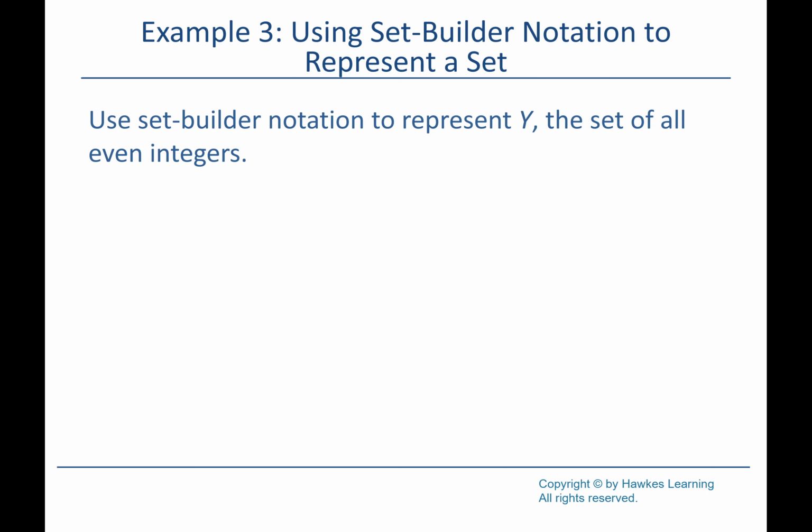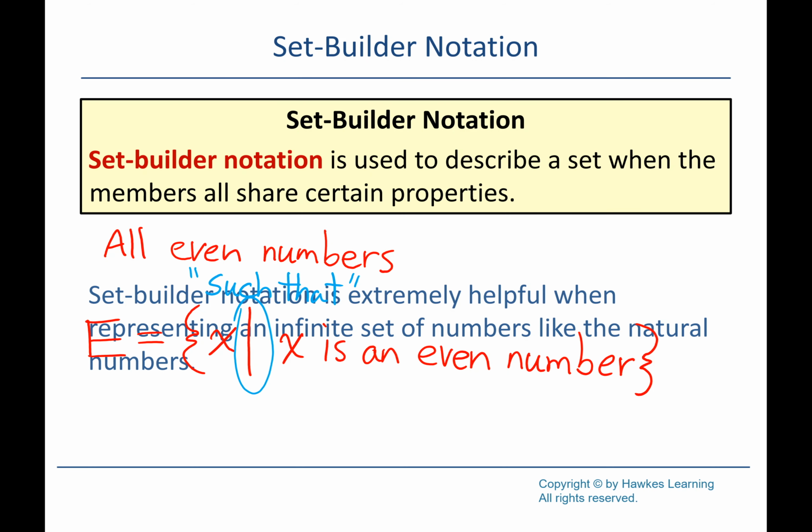This one says we want to list a set of all even integers. Let me fix the last one. It's going to bug me. Because really what we did there was we did all positive even numbers. And then we should say it's a positive even number here.